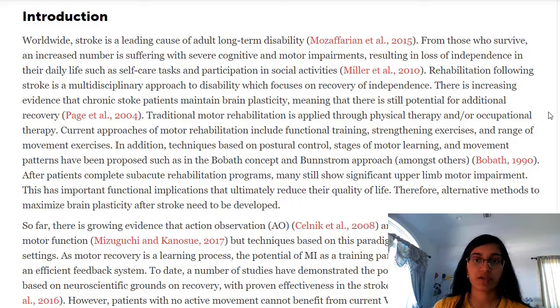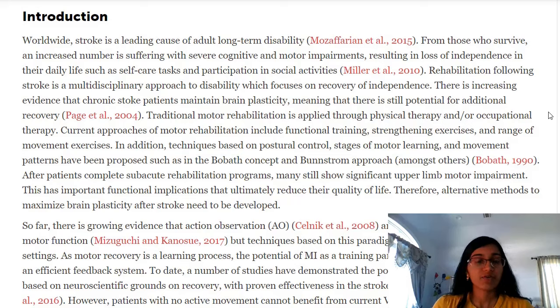It helps focus on recovery of independence to allow people to recover some semblance of their normal life, their normal routines. And it helps to treat cognitive and motor impairments.